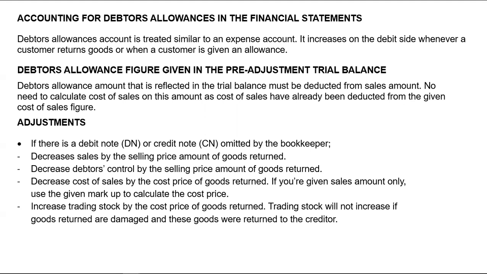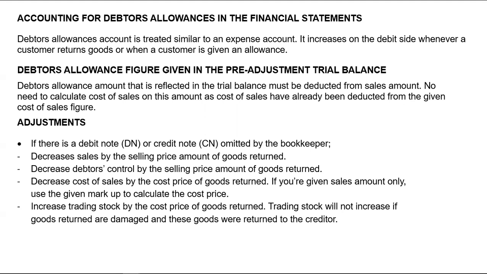Someone might be asking me, why are we increasing trading stock? We are increasing trading stock because we are getting it back. But you need to read the question carefully, because sometimes the question will tell you that goods that were returned were damaged and we had to return them back to the creditor. So it means we're going to add trading stock and minus the cost.